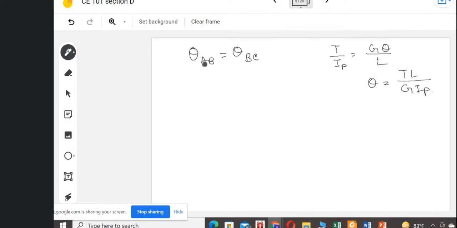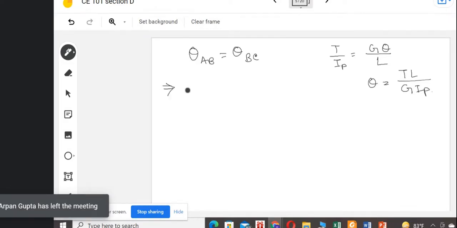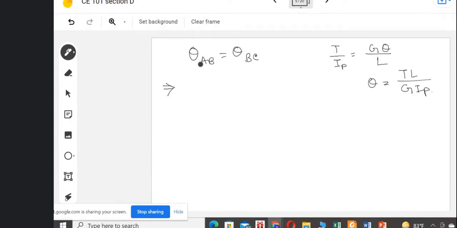So what will be theta AB? TL1 by G IP1, where L1 is the length of AB. In this problem both are the same material, so we use the same G, and IP1 is for the AB part.